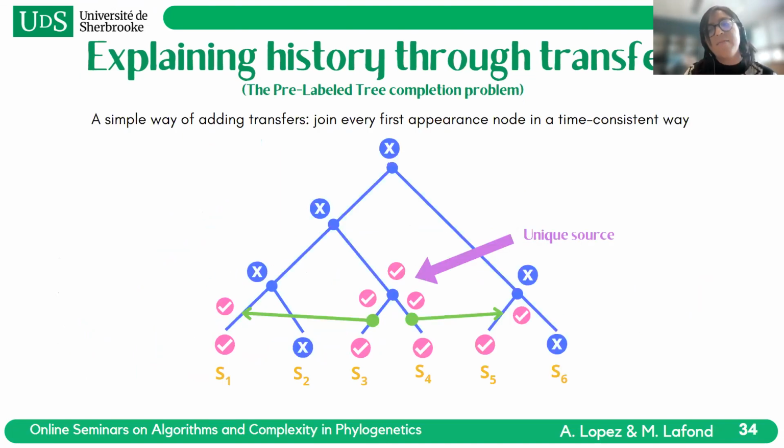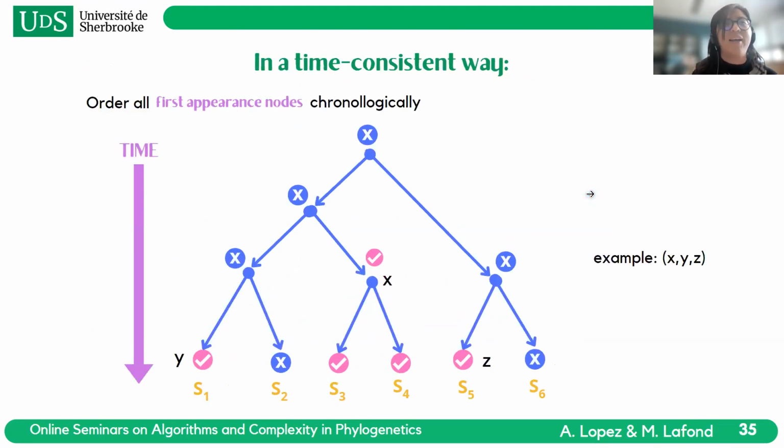A simple way of adding transfers to solve our problem would then be to join every first appearance node in a time consistent way. What do I mean by that? To ensure time consistency, suppose that we're also given a time map, so we can order all the first appearance nodes chronologically.